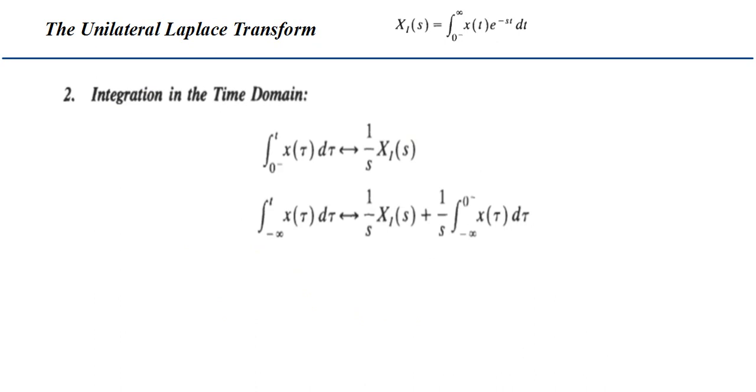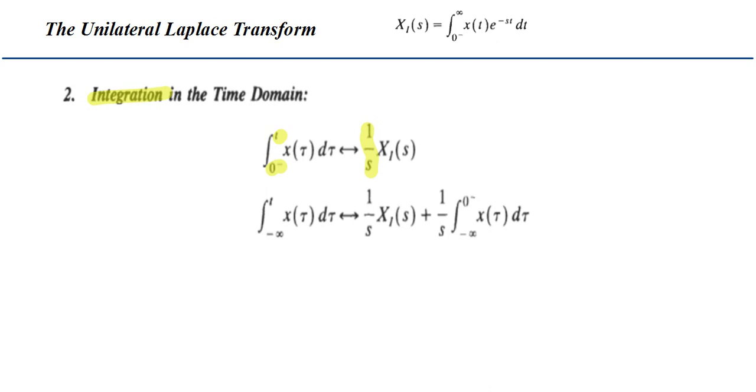Now we will discuss the integration property of the unilateral Laplace transform. The integration property is simply 1 by s in the case of the bilateral Laplace transform. In the one-sided or unilateral Laplace transform, it will be the same if you start from 0 onwards. If the integration is from 0 to t, you can simply write 1 by s into the one-sided Laplace transform.